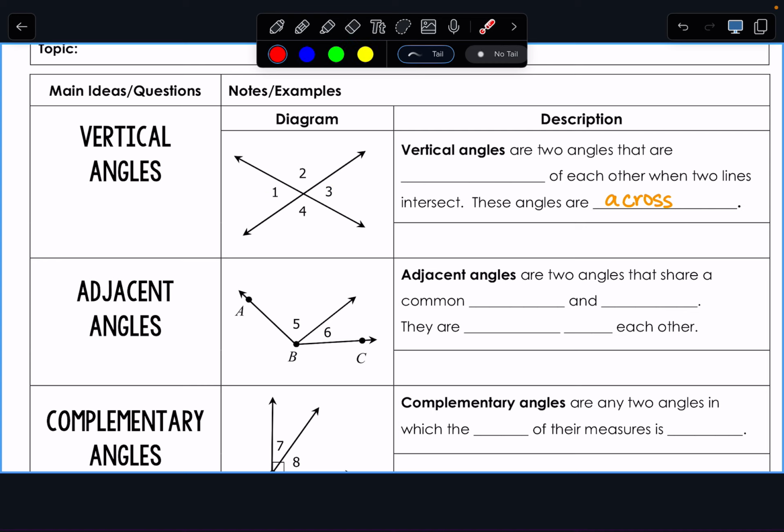Any idea of what is going to be true about angle 1 and angle 3? Okay. So I've traced angle 1. Does that look like I traced angle 1? Okay, so I'm going to put this on angle 3. Are they the same? Yeah.